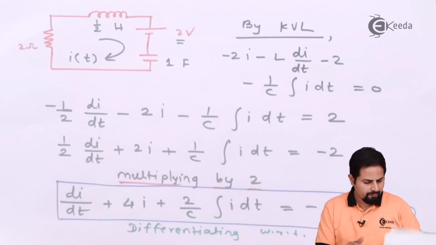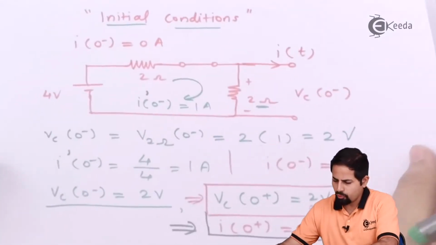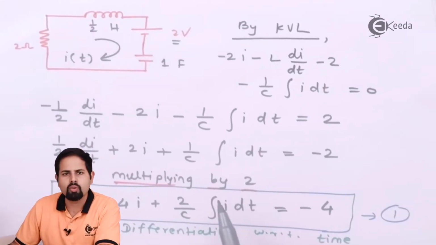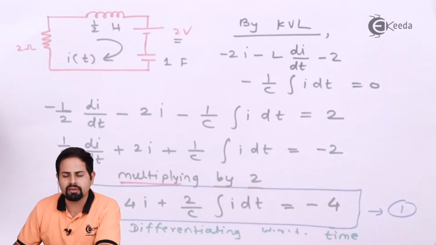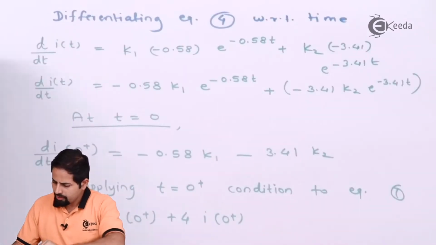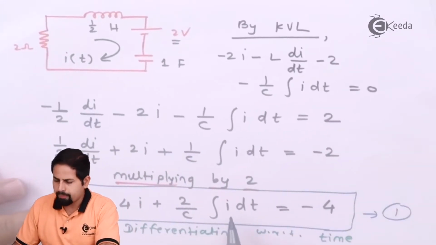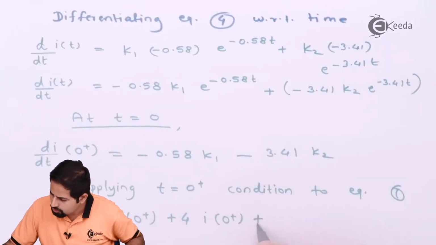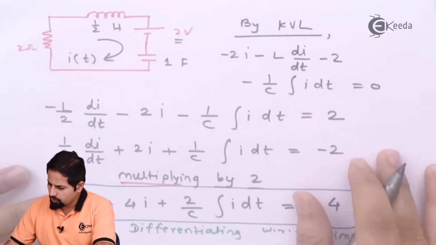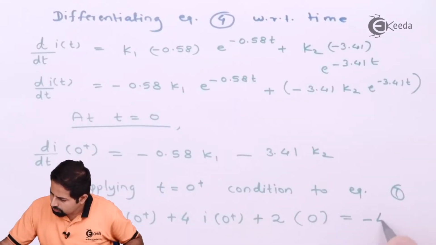And that capacitor voltage at 0 plus is definitely going to be 0, the voltage across the capacitor. So at 0 plus I will write here 2 multiplied by 0, that is equal to minus 4.